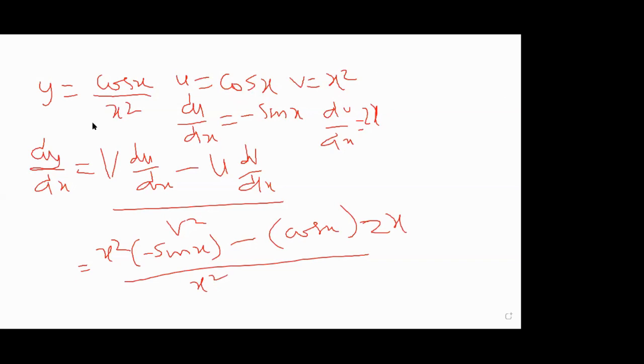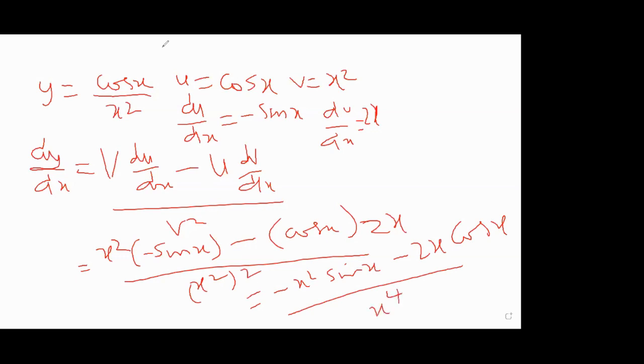If you multiply out, we are going to have minus x squared sine x minus 2x cos x all over x raised to the power 4.